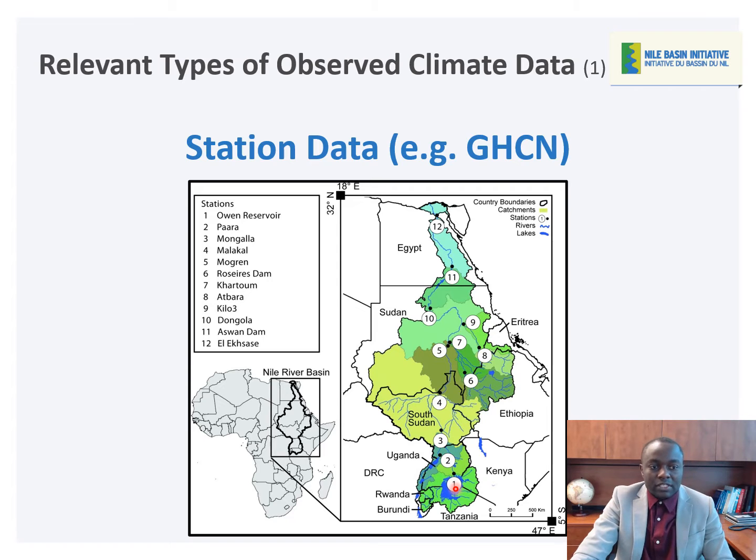And these weather stations are either surface, for example, rain gauges, or upper air, for example, satellites. A very good example of a daily global station data set is the Global Historical Climatology Network. It contains records for precipitation and temperature across the globe.